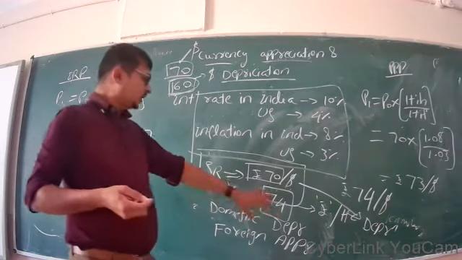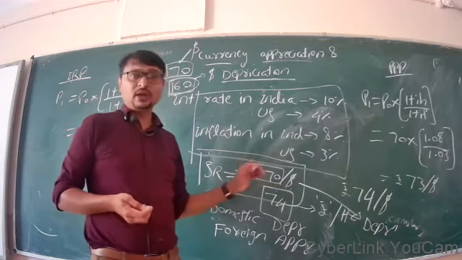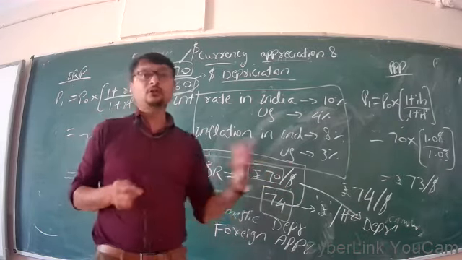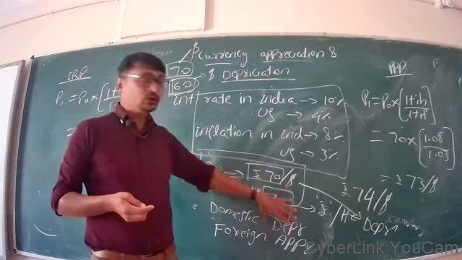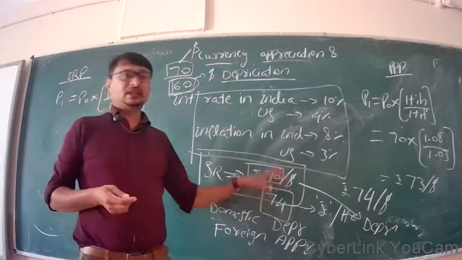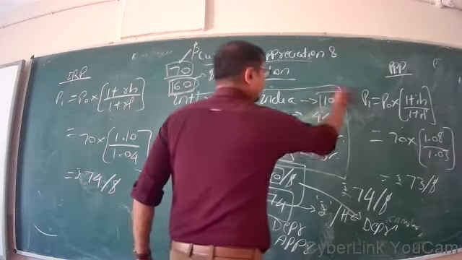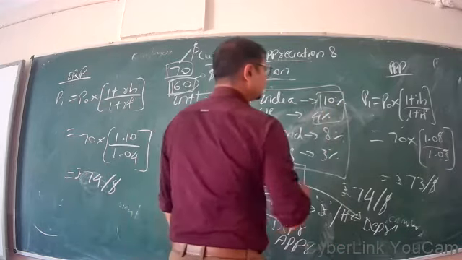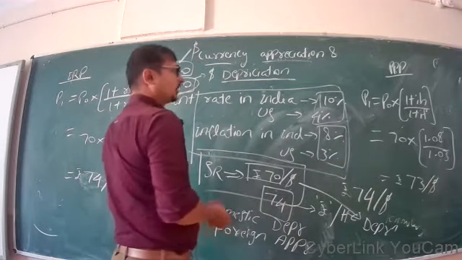Earlier 70 rupees could buy 1 US dollar. Now you have to pay 4 rupees more to buy the same dollar. That means the rupee value got depreciated and the dollar value got appreciated. What is the reason behind this? The comparative interest rate between these two countries and the inflation rate between these two countries.